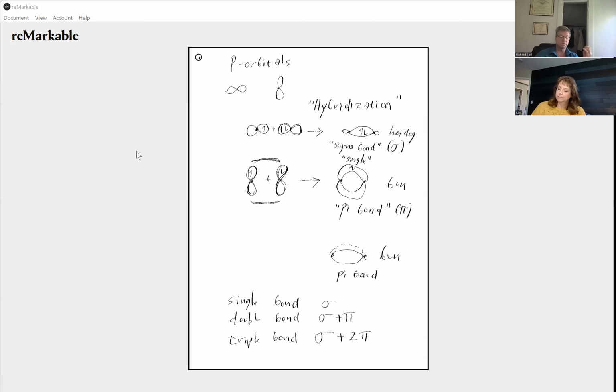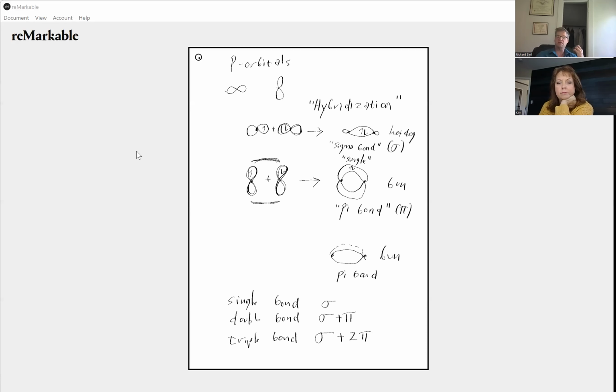But, and this is a big hairy but, the strength of the bonds add. So a double bond is always stronger than a single bond, and a triple bond is always stronger than a double bond. But that's because we're adding those strengths together. The pi bond alone is weaker than the sigma.